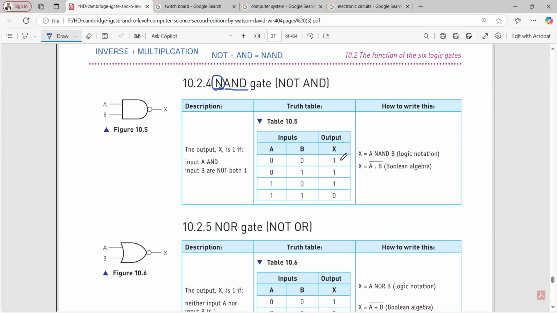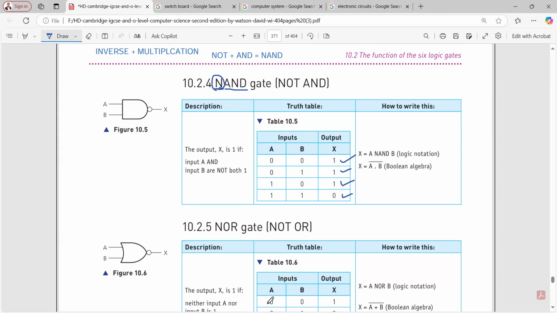Good. Then I have 0 multiplied by 1. What is the answer? 0, inverse: 1. 1 multiplied by 0. What is the answer? 0, inverse: 1. 1 multiplied by 1. What is the answer? 1, inverse: 0. You got it.